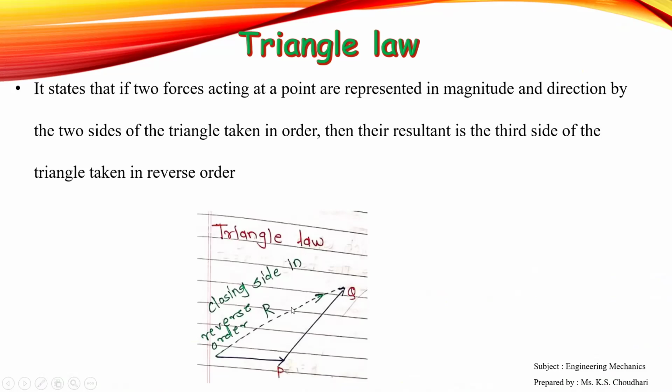This is the closing side of the triangle. Now as per the rotation, this direction should be like this here, but we have to denote the resultant in the triangle law in reverse order. So the direction of the resultant is over here. Okay, simple law, very simple.